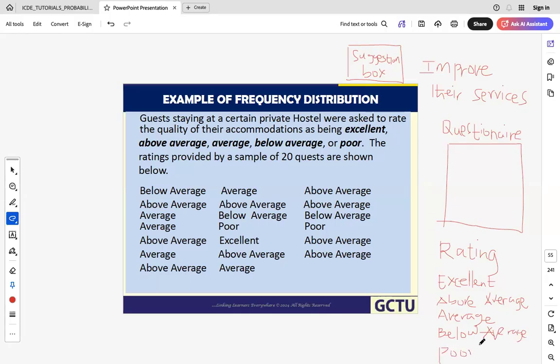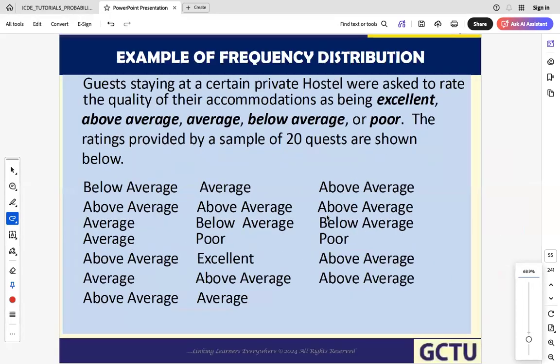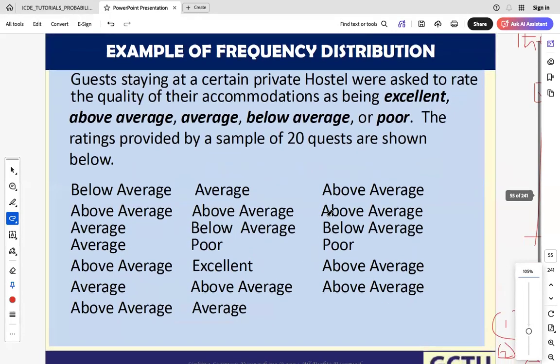So you are going to rate it. You have 5 options: the first option, the second option, the third option, the fourth option, the fifth option.